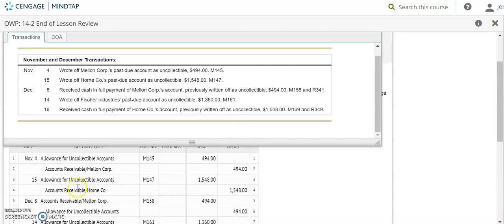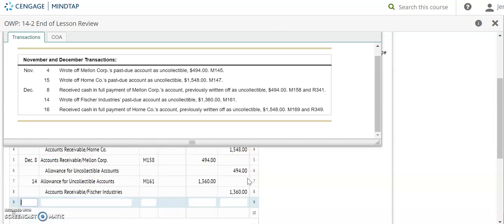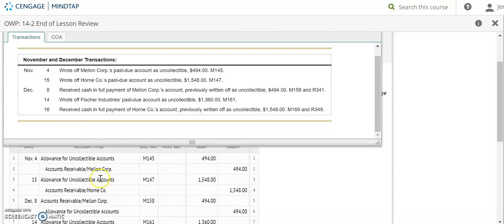So first, this account was written off, so first I need to reopen that account. I'm actually going to look at November 15th. This is when we wrote off Horn Company, and now I'm going to reopen it. I'm going to start with my date, and I'm flipping this transaction around.